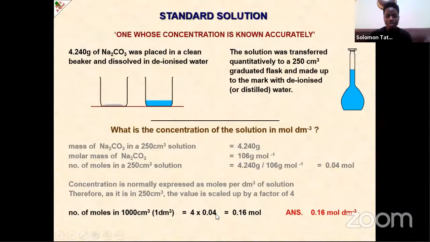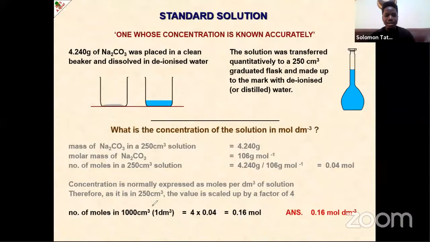To give you 4 times 0.04 as your molarity. It is in first principles. I'll try to explain it simply in first principles, where the scaling up comes in by a factor of 4 on this number of moles.